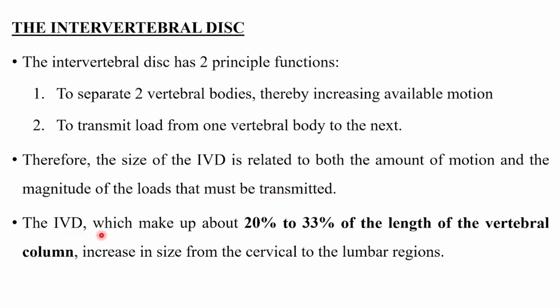The intervertebral disc makes up 20 to 33% of the length of the vertebral column. The intervertebral disc size increases from the upper region to the lower region, that is, from the cervical region to the lumbar region. That means in the cervical region the intervertebral disc is small compared to the lumbar region, where the disc size is larger because of the increased weight bearing or loading.